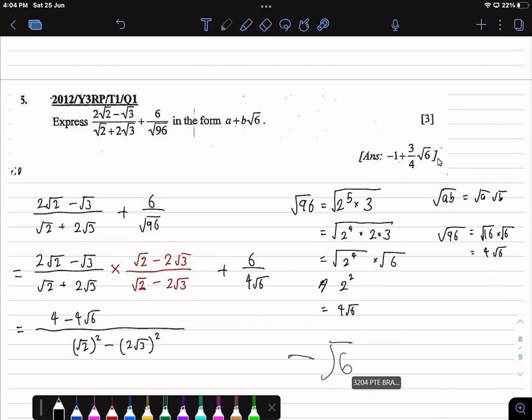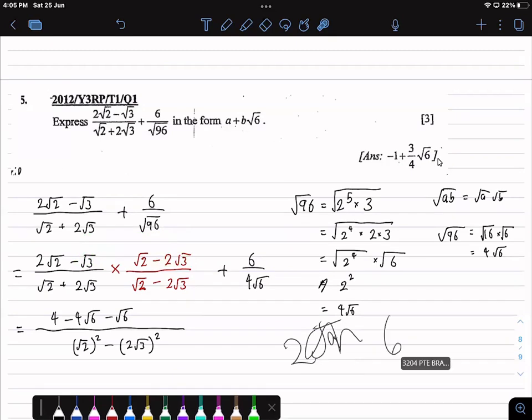Minus root 6. Minus root 3 times minus 2 root 3. 2 root 9. Wait, actually 6. Okay. Yeah, root 3 times root 3 is 3. 3 times 2 is 6. But with a positive sign, right? Because minus times minus gives you a plus. So plus 6.